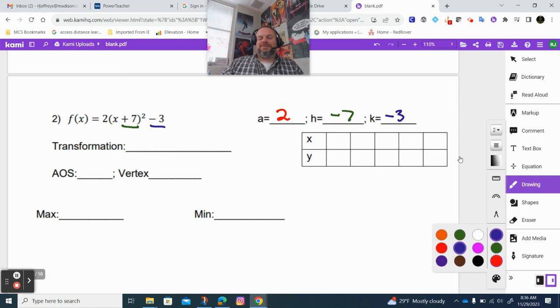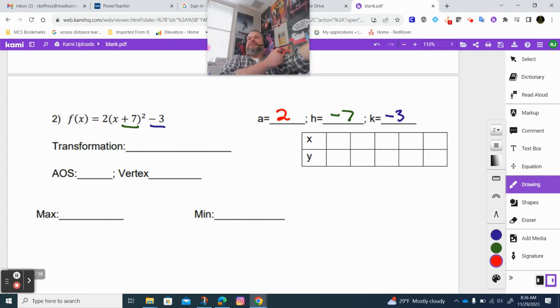All right. Transformation. This A, we hadn't had an A yet that did this. The absolute value of A is greater than 1. So this is actually going to stretch it by 2.